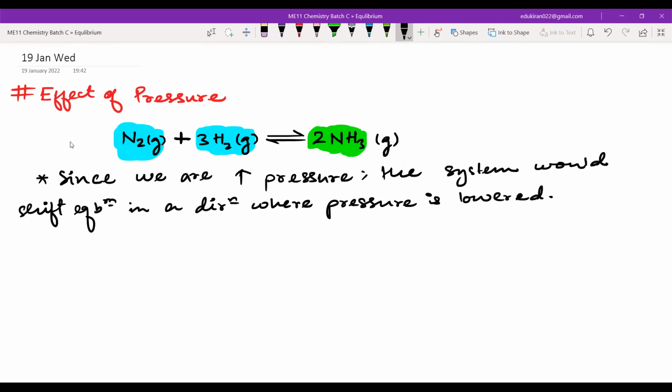In the reactant we have more moles of gases, and that is why the pressure will be more. The equilibrium will shift towards NH3, where we have only 2 moles, and that is why it will lower the pressure. So since we are increasing the pressure, the system would shift equilibrium in a direction where the pressure is lowered.